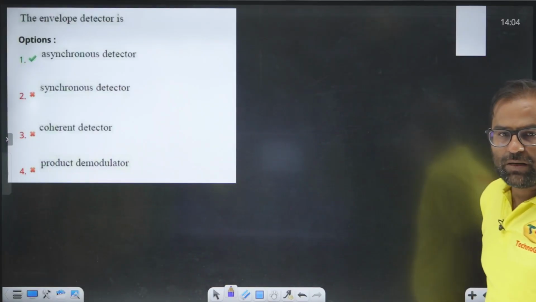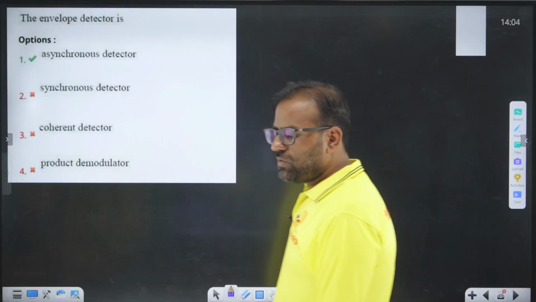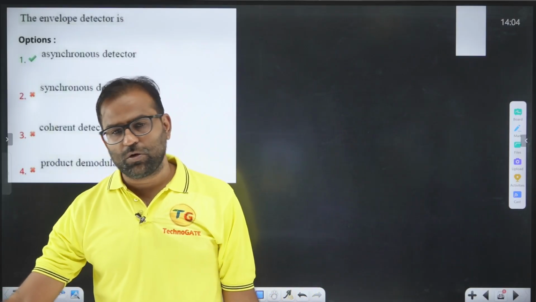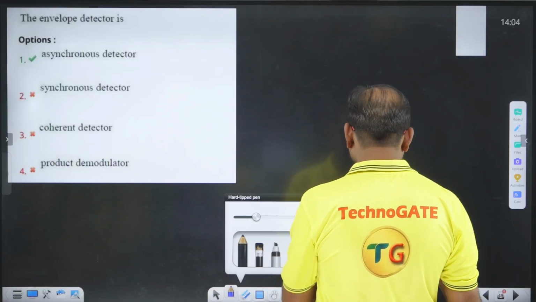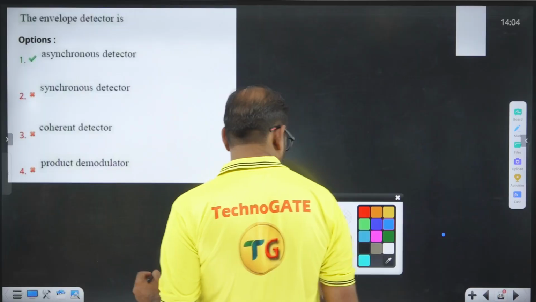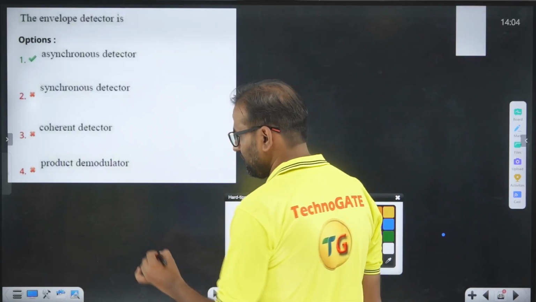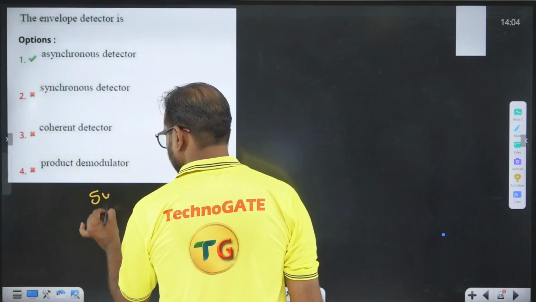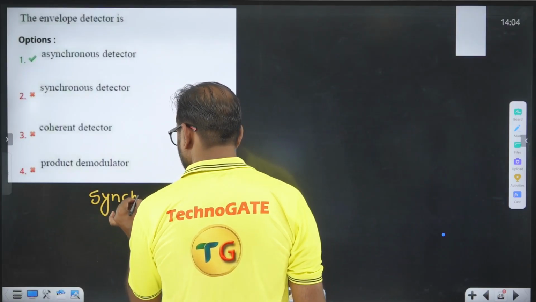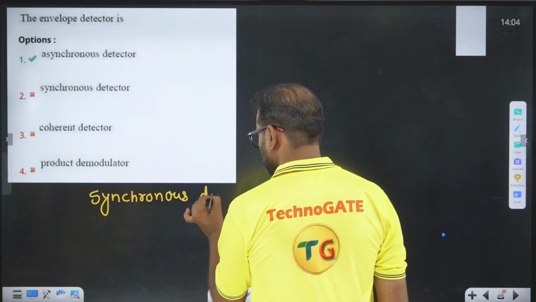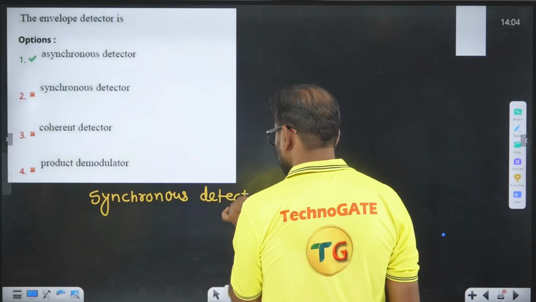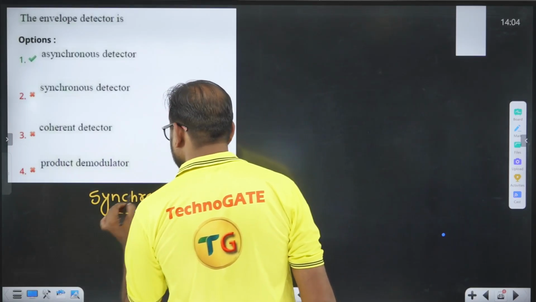Next, envelope detector. When you want to demodulate the signal, there are two processes. One type of detectors are known as synchronous detectors.